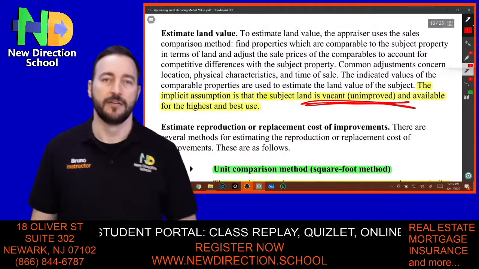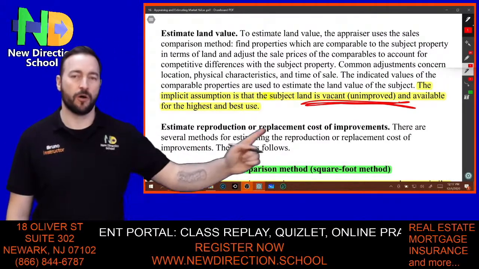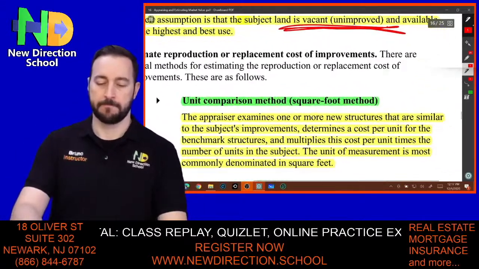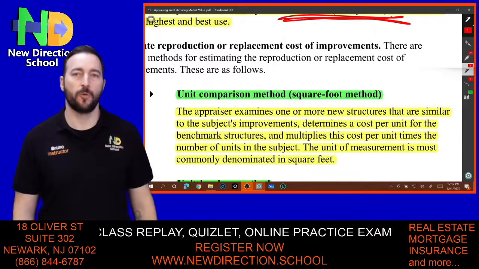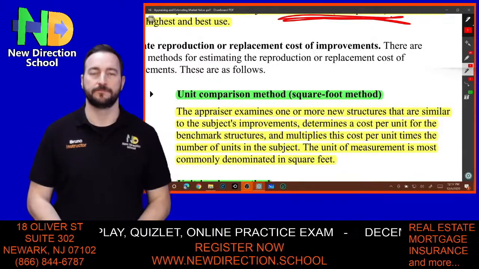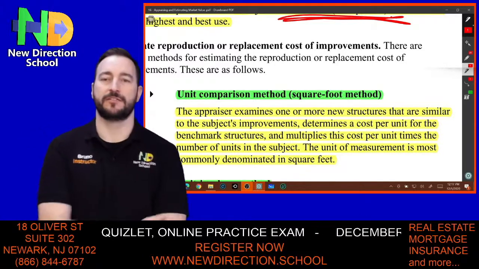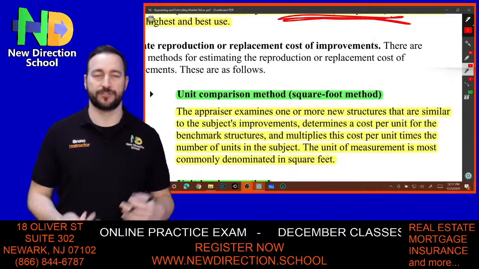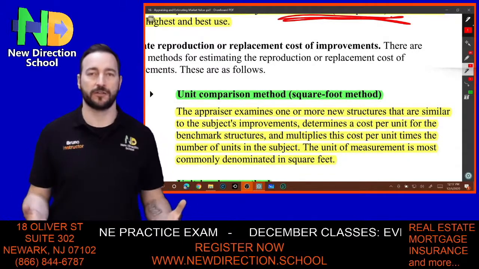To figure out the reproduction or replacement cost, we have 4 different ways to figure this out. The most common is the square foot method. The square foot method is based on our expertise and known strategies to build or construct in the area.